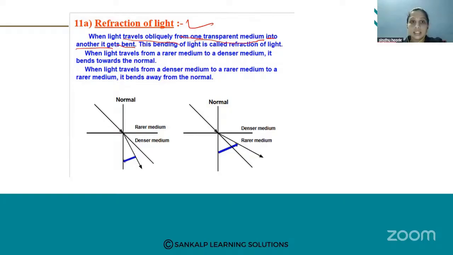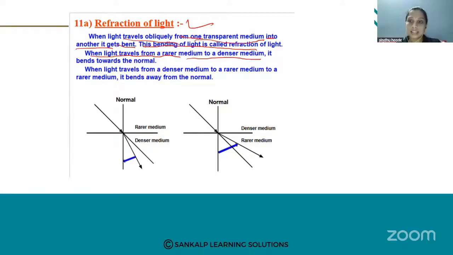See here, this is called refraction of light when light travels from a rarer medium to a denser medium. I firstly told this, right? Here we consider mainly two types of mediums. So whether it may be rarer medium and denser medium or vice versa.